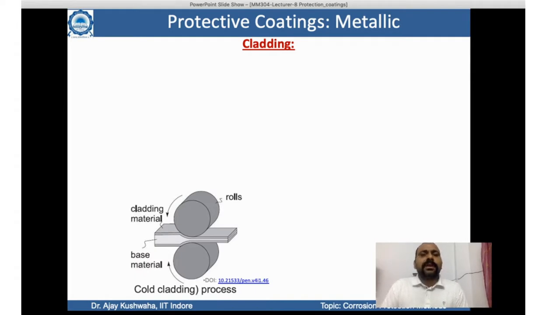Similarly, in metal also we can do that: in the centerpiece, whatever base material is there, you can put it, and on top and bottom you can put the cladding material. Even you can see here, let's say the base material is in between and the cladding material is on top and bottom, and then we do a cold cladding process, a kind of rolling, and we can get a coating layer.